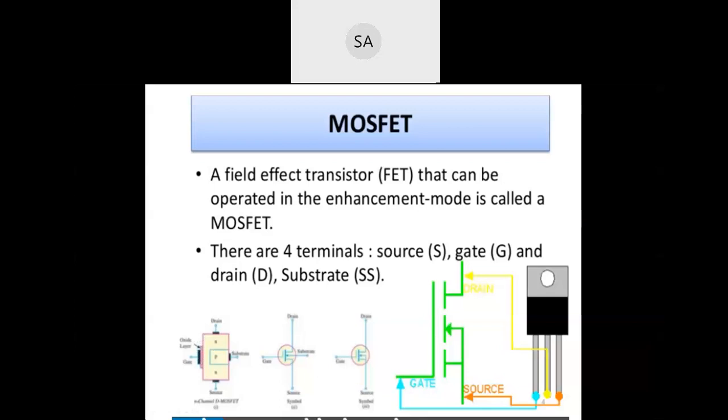So these are the symbols of the MOSFET. This is an N channel and P channel MOSFET, with gate, drain, source.